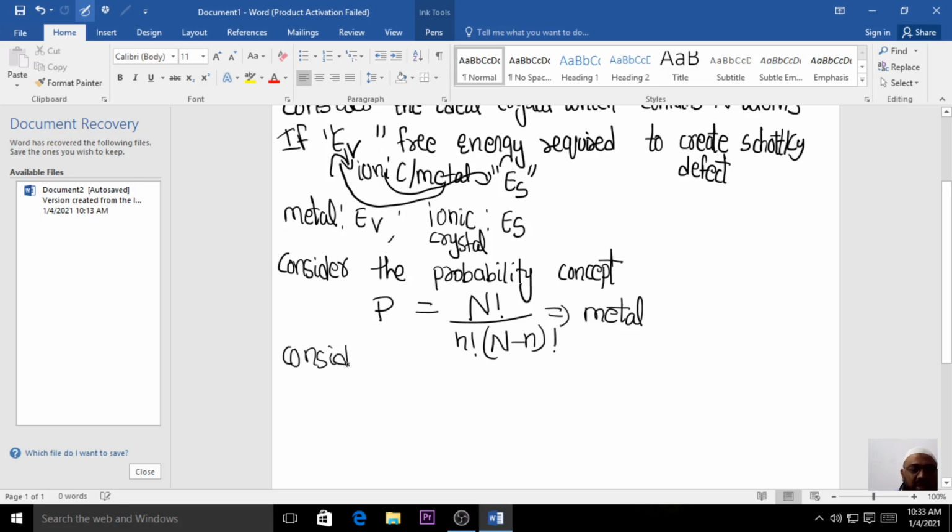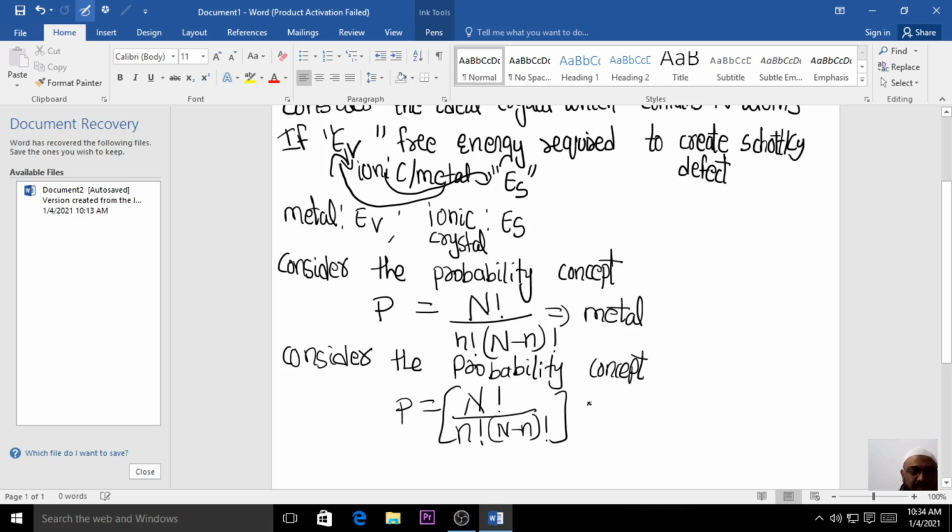See, we are doing a comparative study here. Consider the probability concept for an ionic crystal, the same thing. P is equal to capital N factorial divided by small n factorial into capital N minus small n factorial, and this will be squared.